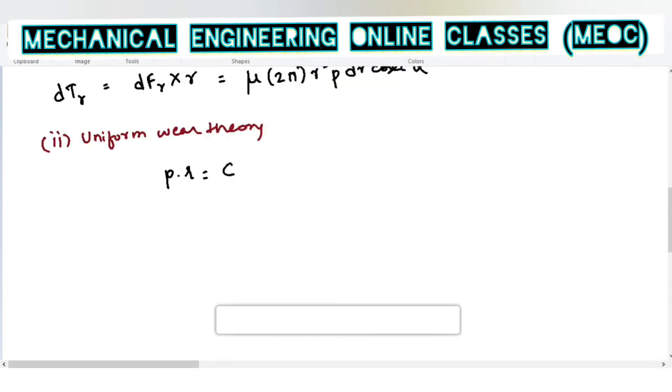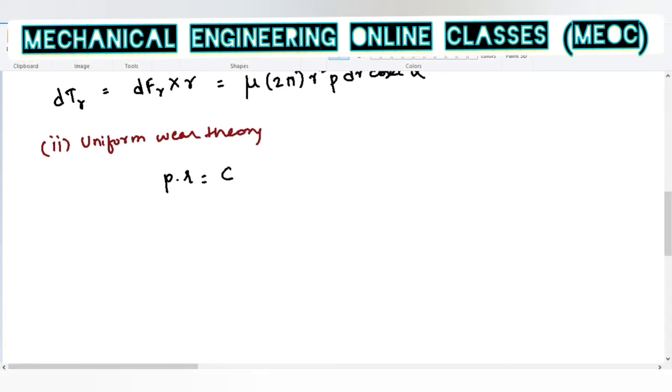Now let us consider uniform wear theory, according to which P into R is constant. So I can write P as C by R. Let us again go back to the previous part of the derivation and write down what dW is.